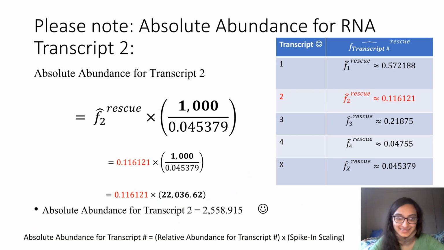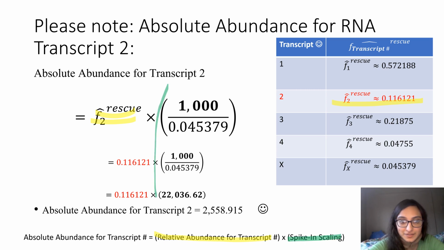So again, as I was just mentioning, we can find the absolute abundance for a transcript number. It's equal to the relative abundance for that transcript multiplied by the Spike-in scaling, which is what these values are.